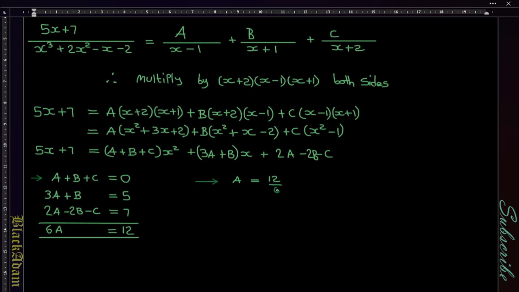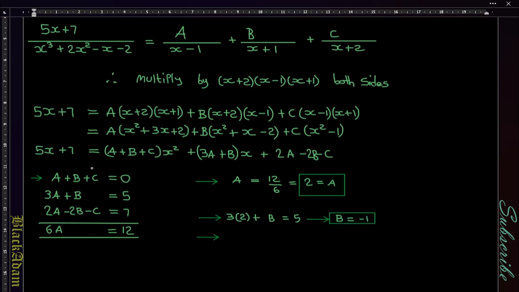So a is 12 over 6, and now a is going to be 2. Then we deal with b. We know that 3a, with a being 2, plus b is equal to 5, so solving for b gives 5 minus 6, which is negative 1.